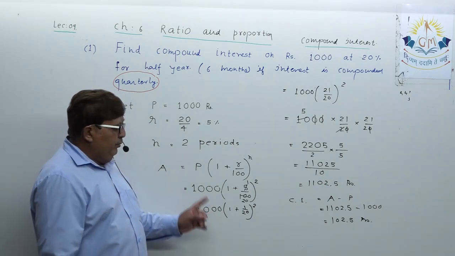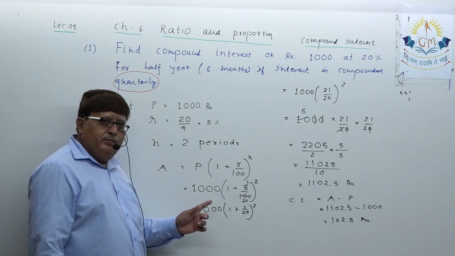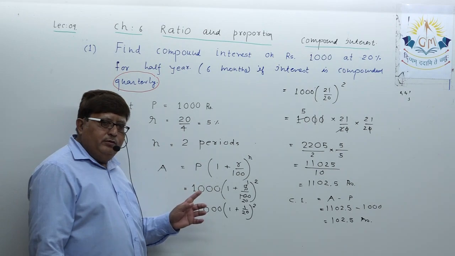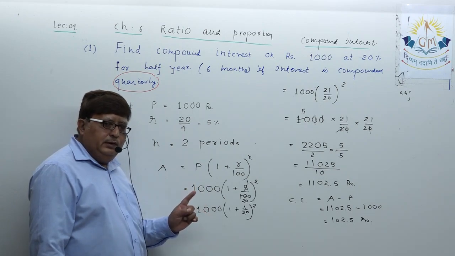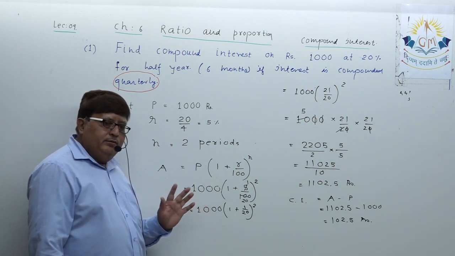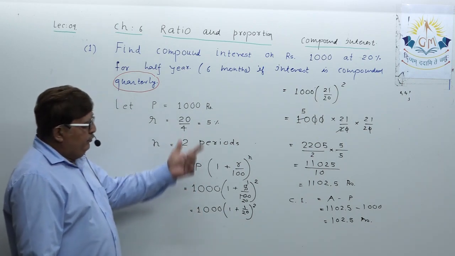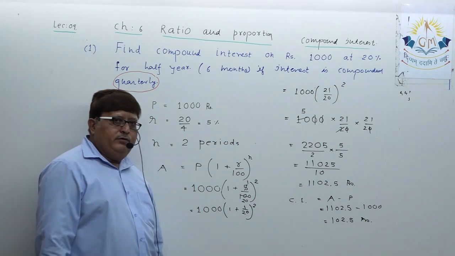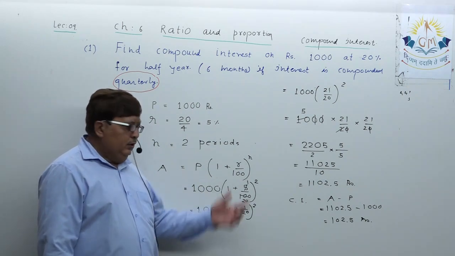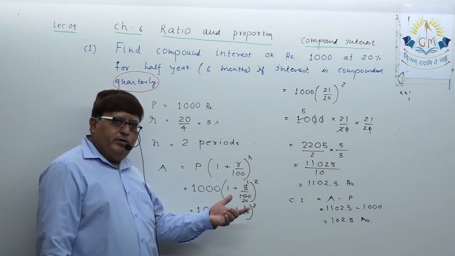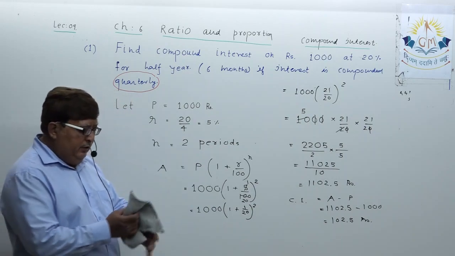You understood? That way you need to be very sure, and that's why I have cleared it in advance. Quarter means 3 months. That needs to be in your mind. Okay, you must have written the sum. Whenever you solve any example based on compound interest, please be sure that you try to follow the proper steps mentioned here.